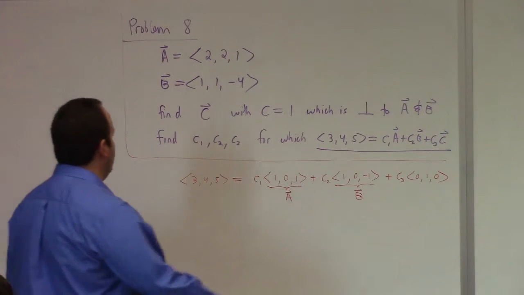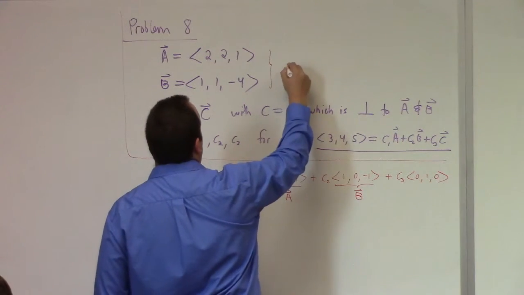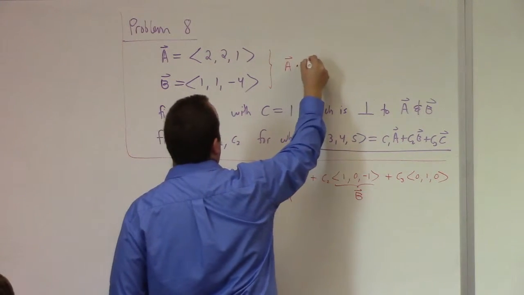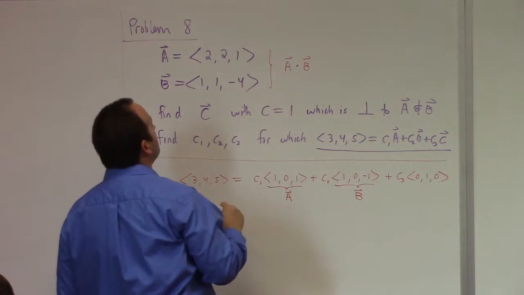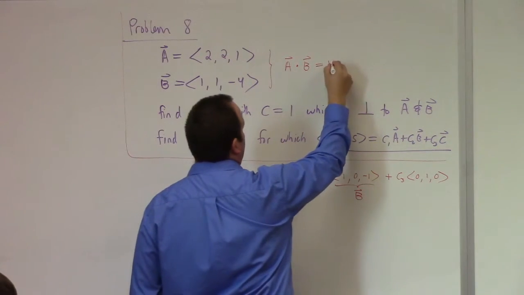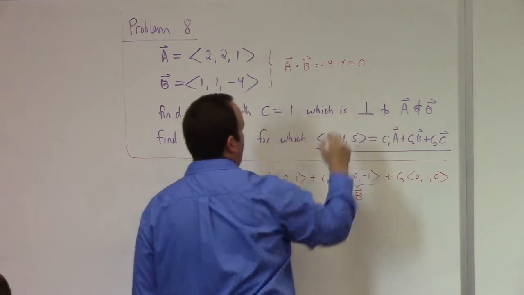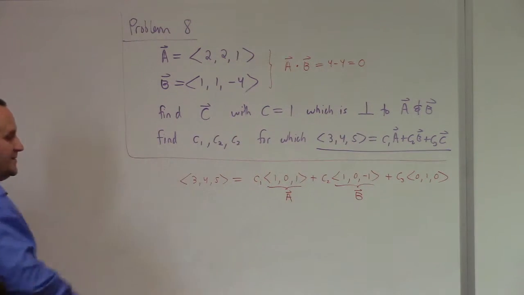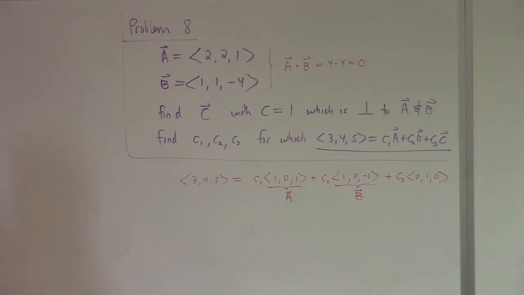And in fact, if you look at these, you might also notice that A dot B is what? Yeah, it's 4 minus 4. It's 0. So this hint I'm giving you is not at all disconnected from the problem that you're given.